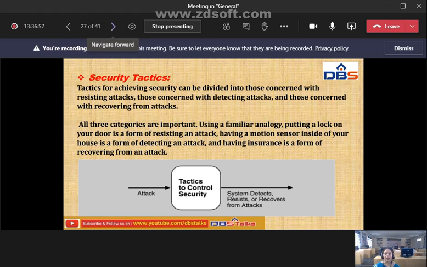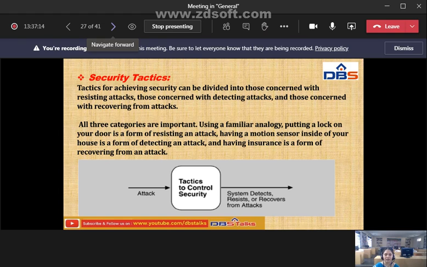Next, having a motion sensor inside your house is a form of detecting an attack. Suppose we are inside the house, and we have some motion sensors.